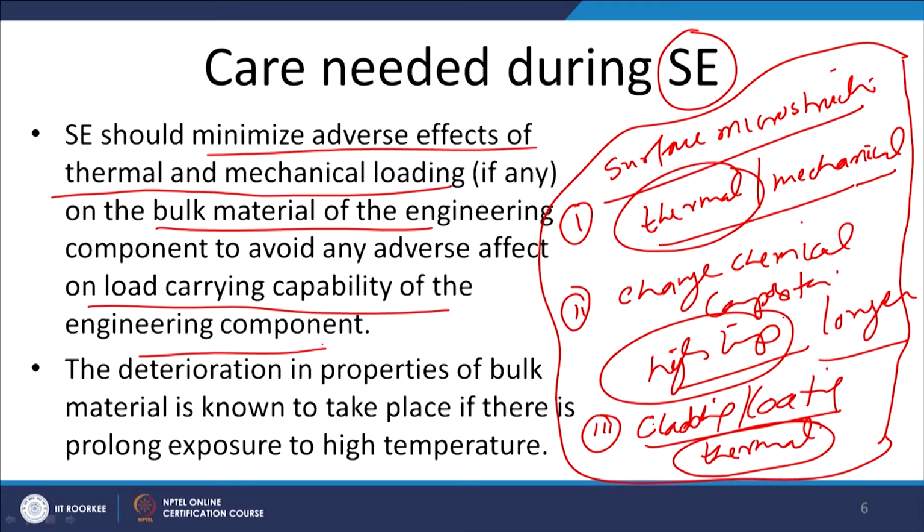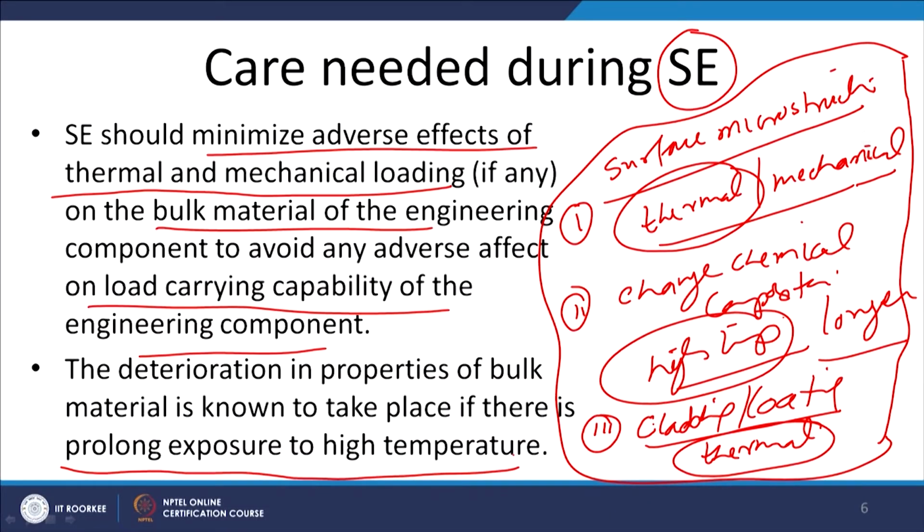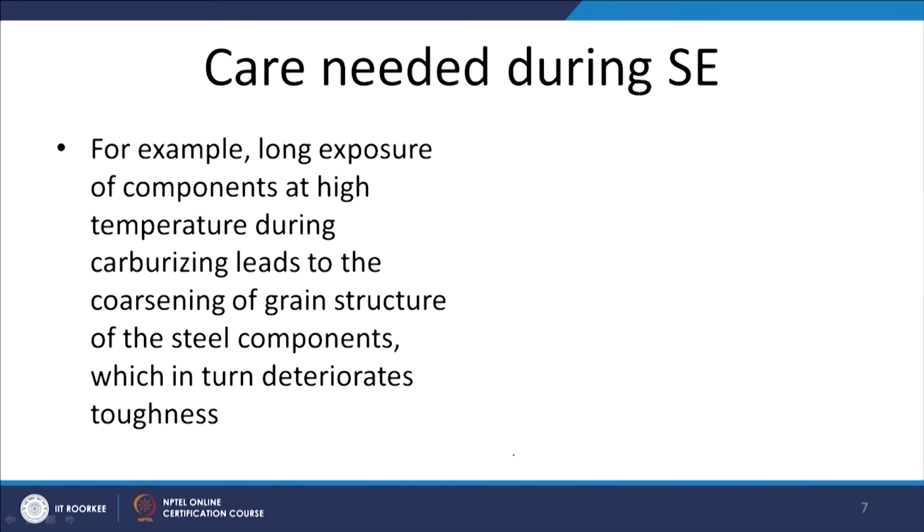This kind of deterioration in properties is known to take place, especially when exposure at a high temperature is given for a longer period. One typical example is carburizing, a typical surface engineering method. Likewise, in weld surfacing a lot of heat is delivered.